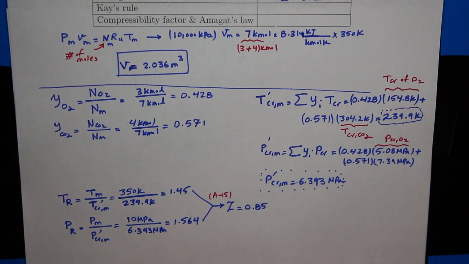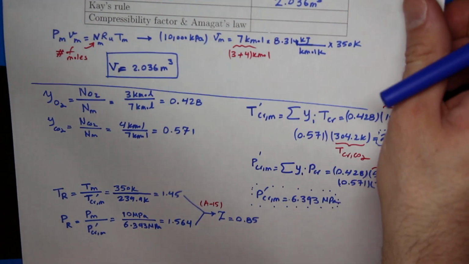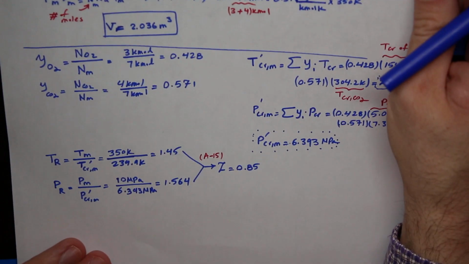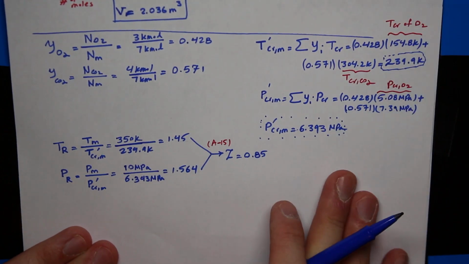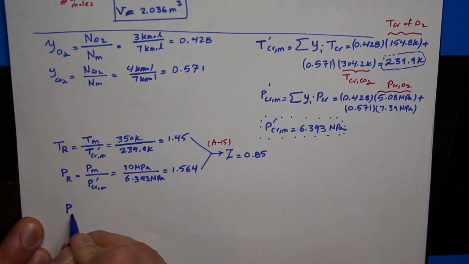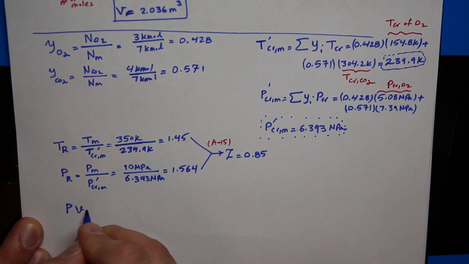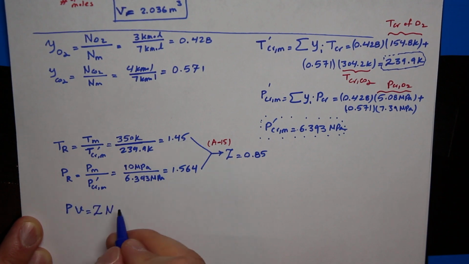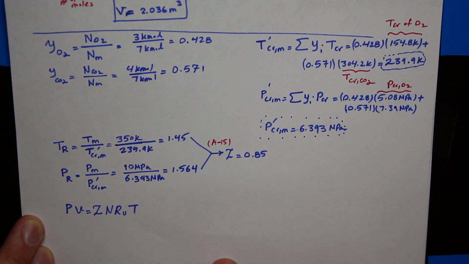Okay, now what is Z? Z is the compressibility factor that we had in the real gas law. So basically previously we had pressure multiplied by volume is equal to Z, number of moles, RU, universal gas constant, and temperature.